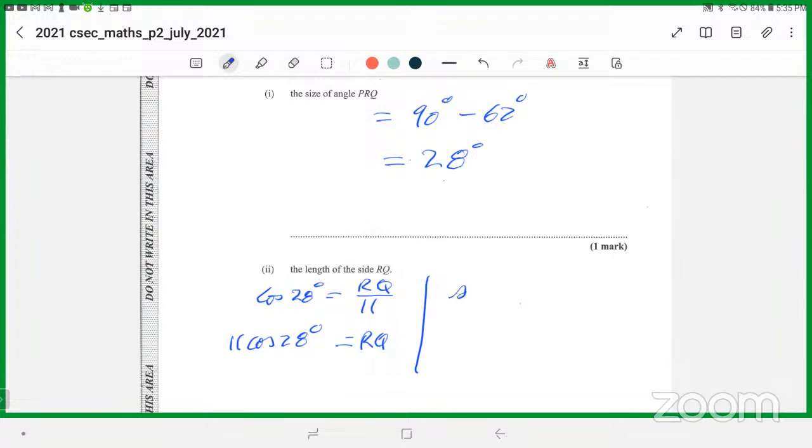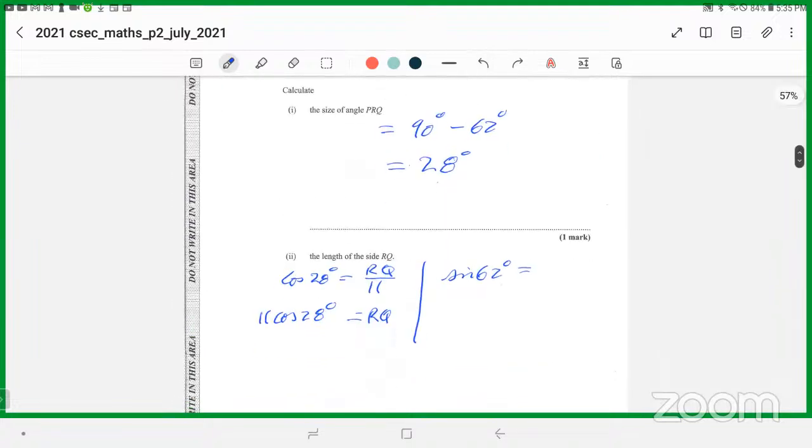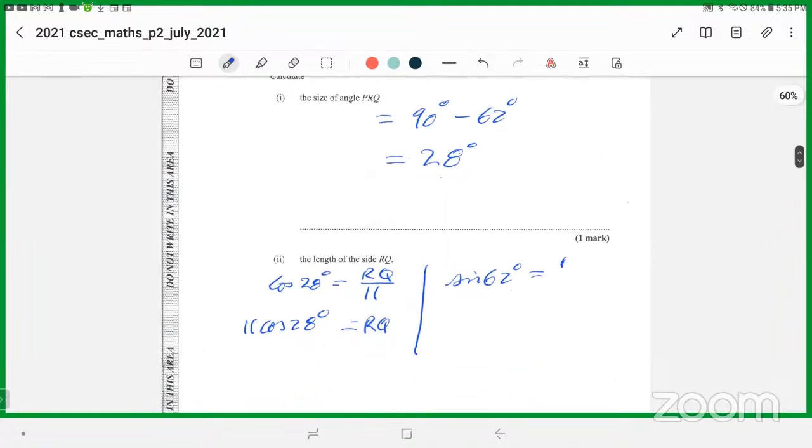Or we can say sine of 62 degrees equals the opposite side. So for the 62 degrees now, the side that we want, RQ, becomes the opposite side. Opposite will be RQ over 11. So to make RQ the subject, we multiply by this 11. And so RQ becomes 11 times the sine of 62 degrees.